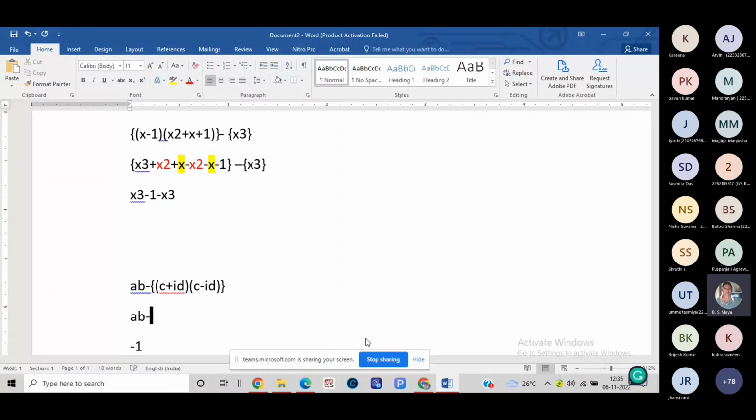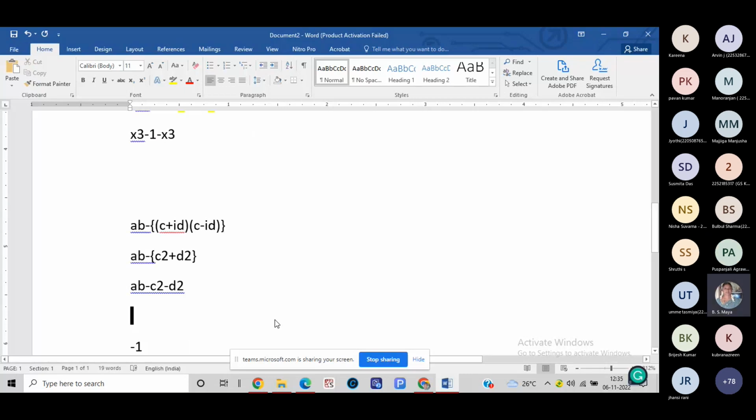AB minus, can be written as C plus ID minus C minus ID, as the formula C square plus D square. What is the final answer? AB minus C square minus D square. Now you are clear in your plus and minus doubt.